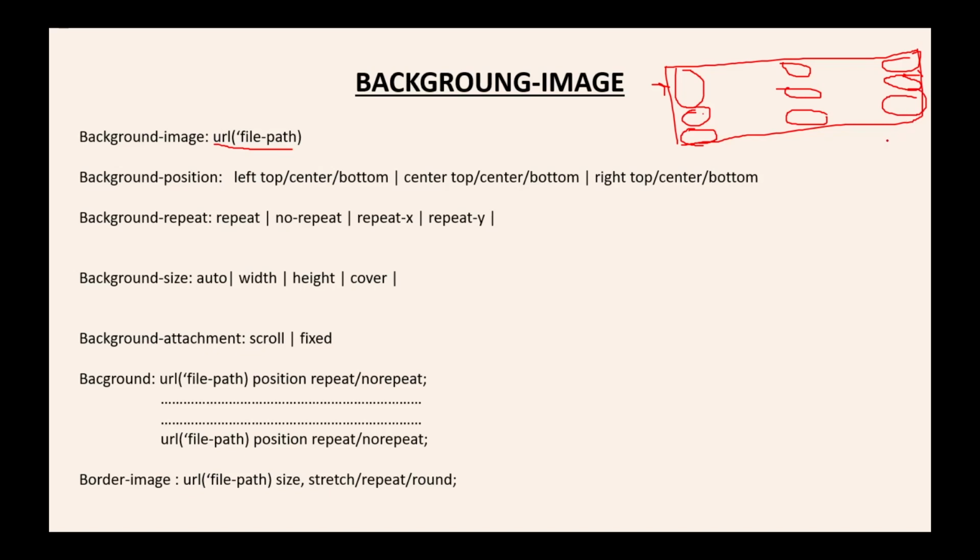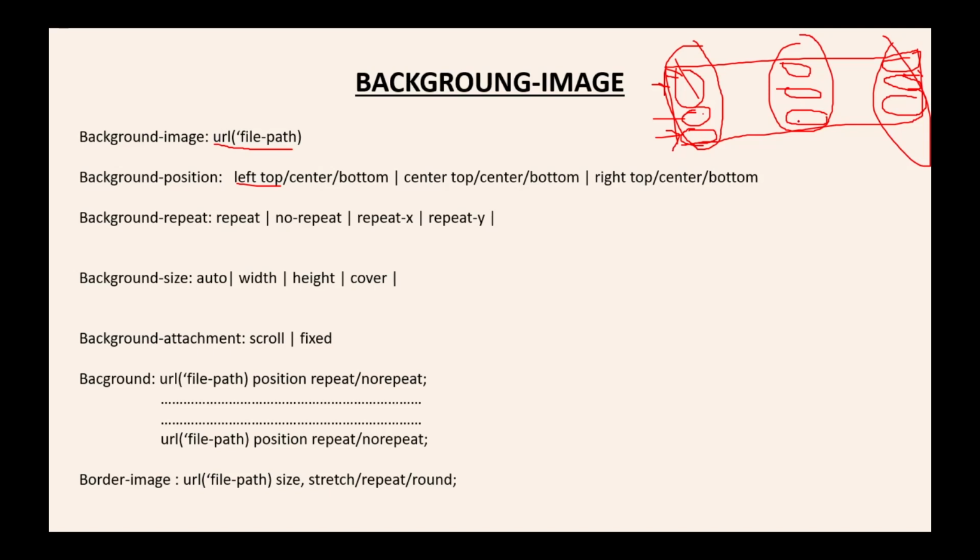The total 6 ways are there, right? With the help of this one we can do that. So the same way, left top, left center, and left bottom. The center one is left and it will go to center and it will go to the right side, right top, bottom, center, based on that only.